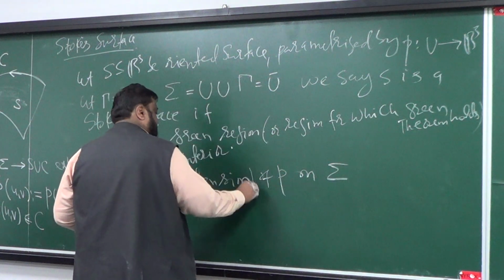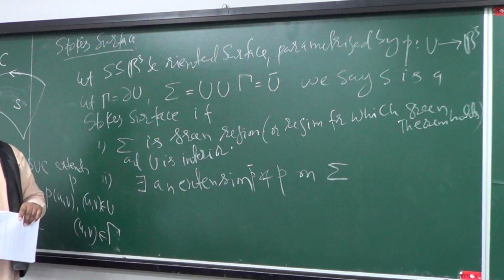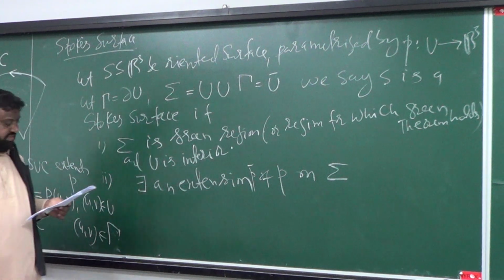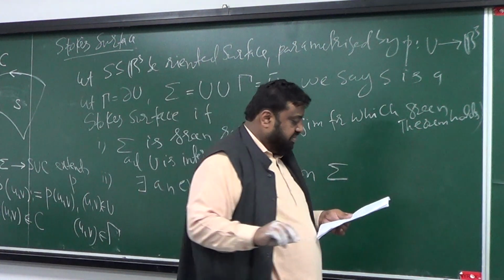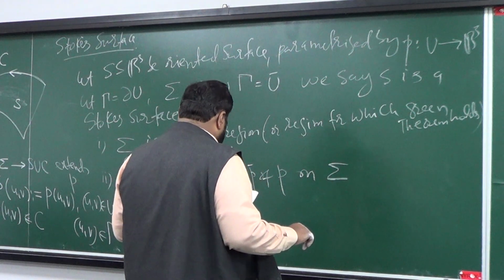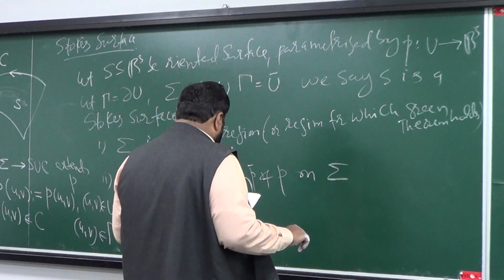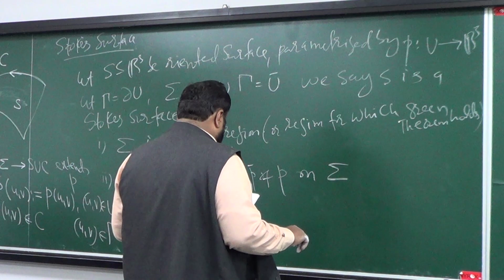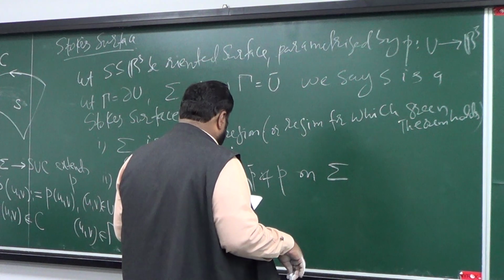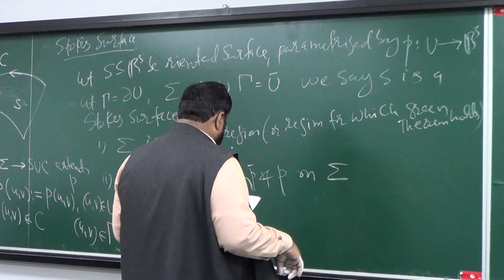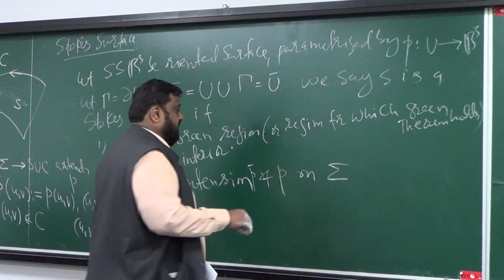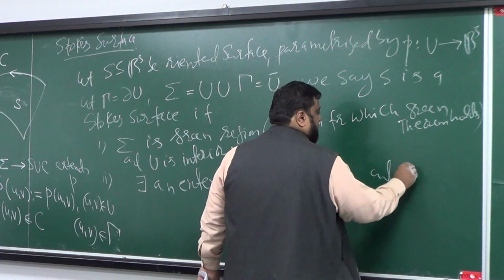Okay, so we may call this extension P bar, such that P extends to a smooth map on a neighborhood, and the restriction of this map to sigma is 1 to 1. And P on sigma is roughly 1 to 1.